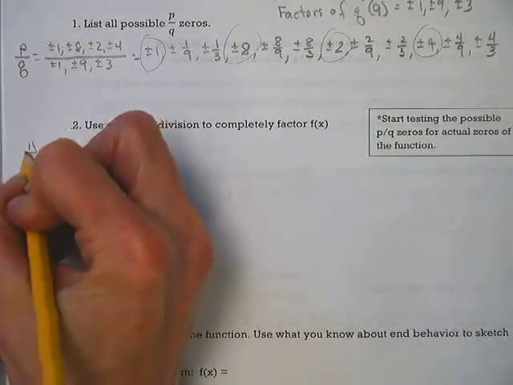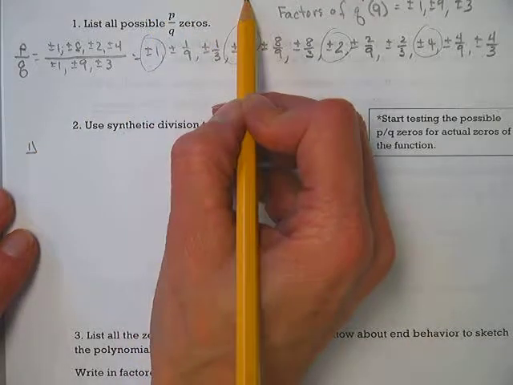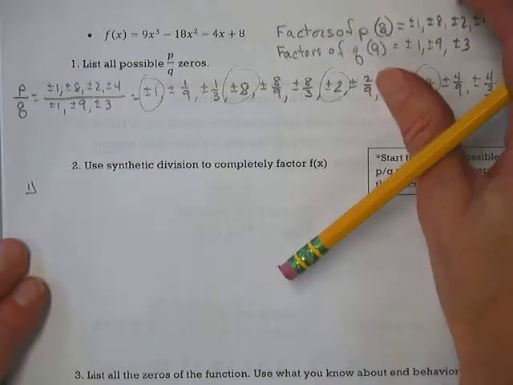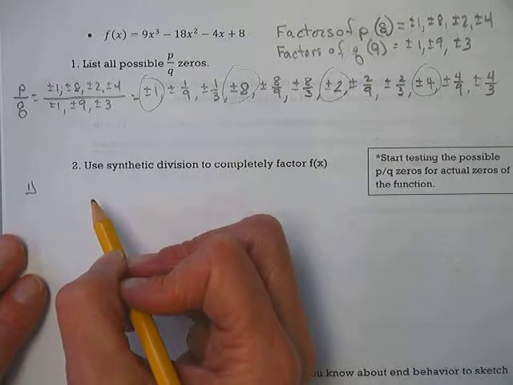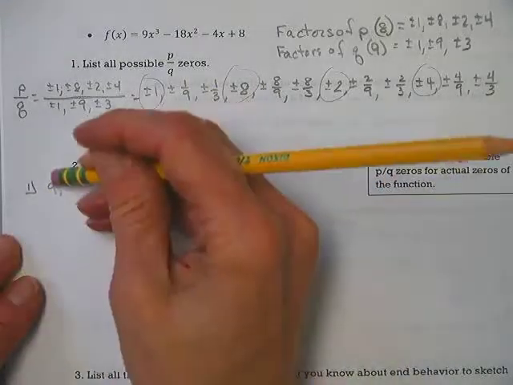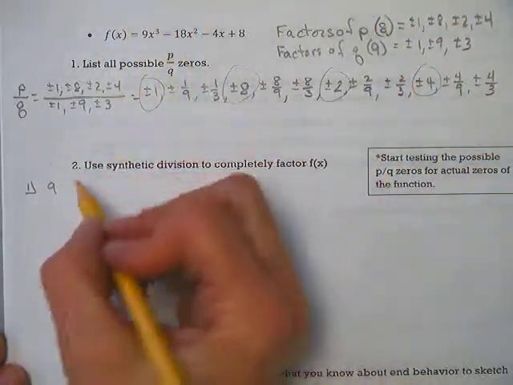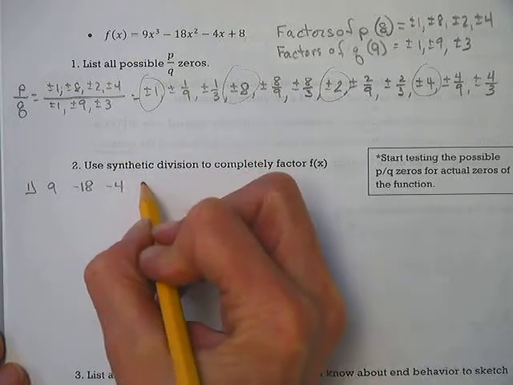And so the first thing that you want to start with is, let's just try a 1. Well, let's just start with the 1, and if that doesn't work, we try negative 1. But it makes it a lot easier. So you start with a 1, and we try to see if 1 goes into this function right here.